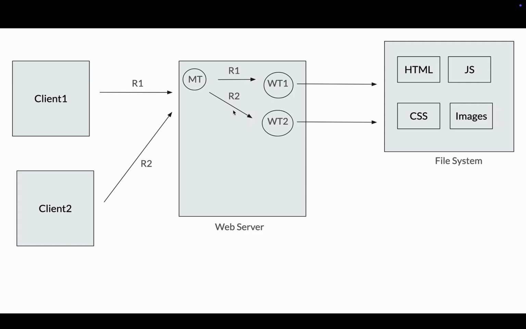What it will do is spin up a worker thread, and the worker thread will talk to your web server and file system and send the response back to the client. Let's say multiple requests come from client 1 and client 2 at the same time. The main thread passes whatever request comes to a worker thread and returns back to listening mode, so that the new request can be answered and passed on to the next worker thread.